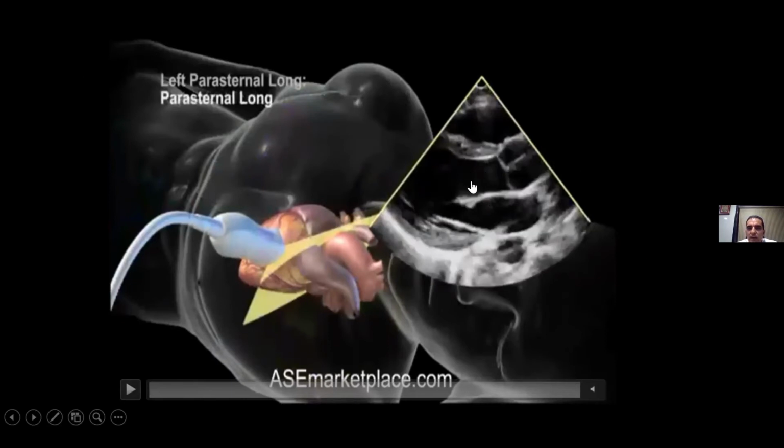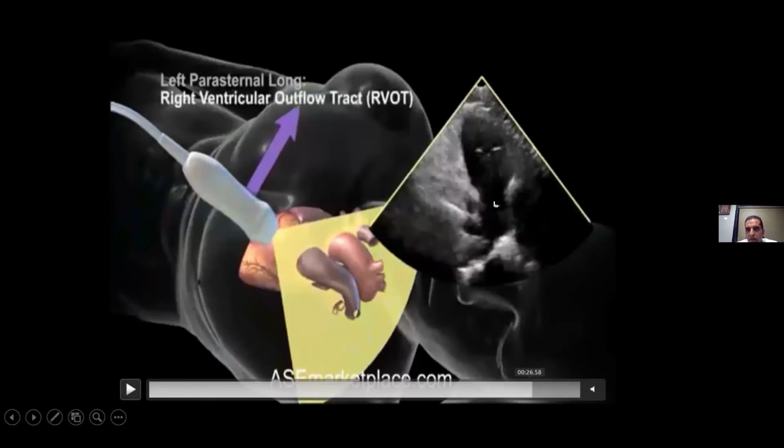So this sweep again rules out your TGA. If it is a TGA, you will start seeing aorta and pulmonary artery both in the same view. In the last day, you saw those TGA pictures, it's a double barrel view. But when you do this sweeping and you start seeing this pulmonary artery, and that aorta was gone, so your TGA is being ruled out.